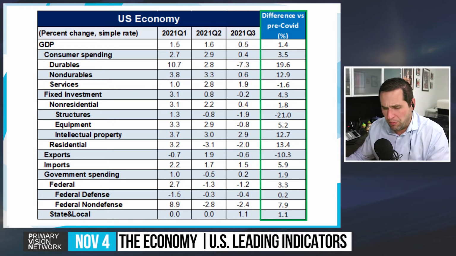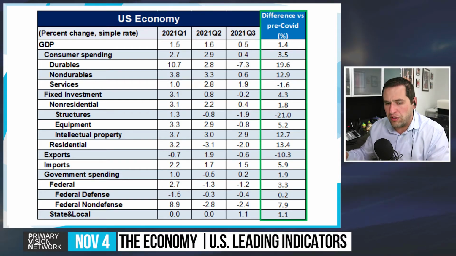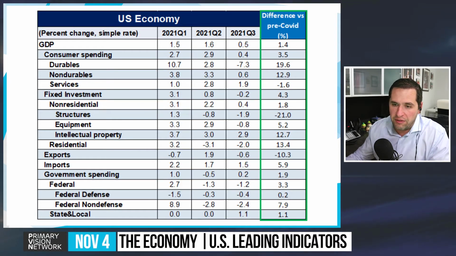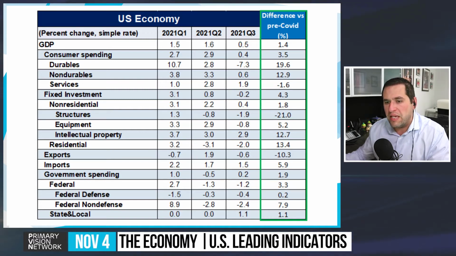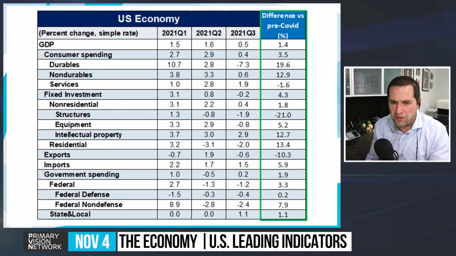Exports, absolutely terrible, and that's something that's going to stay weak as government spending has fallen again. So as we go into Q4, you're going to have more of a negative contribution from that as fixed investment also starts to come down a bit, as equipment and IP investment comes down, but structures are getting some love, so you'll get some of that adjustment, but again, still net falling in general.